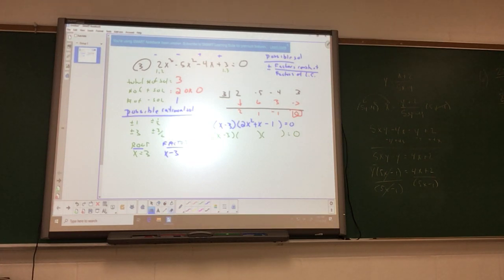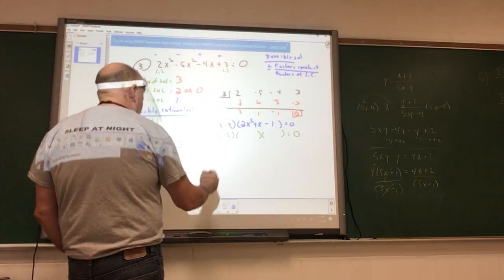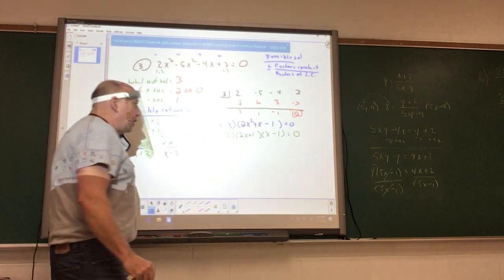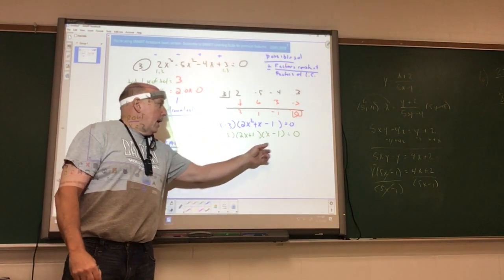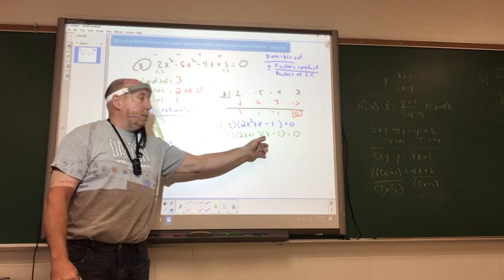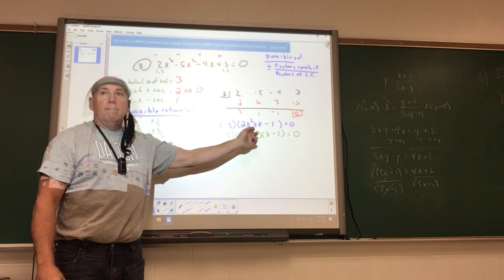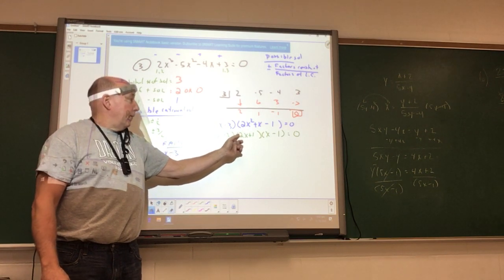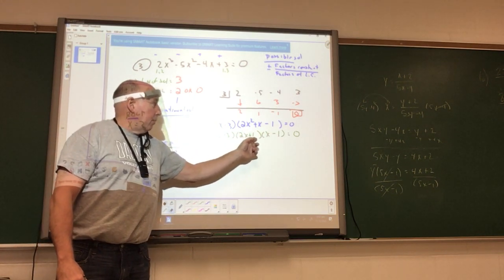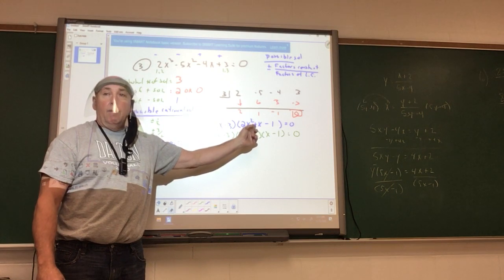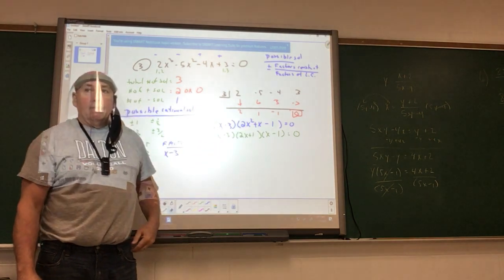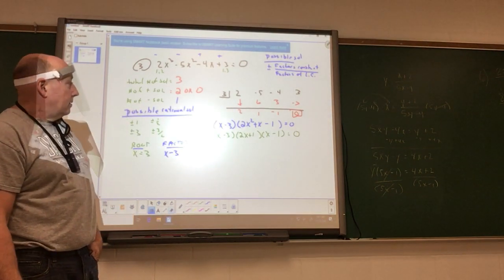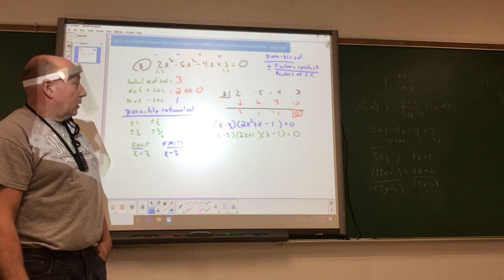Now, what are our 2 other factors? 2x plus 1, x minus 1. So if I check my middle multiplication, I get a minus 2x, I get a plus 1x. Does that give me plus x? I get a minus 2x and a plus 1x, so I get minus x here.